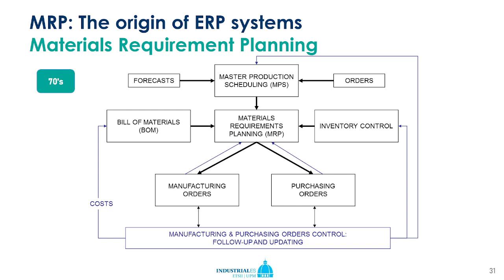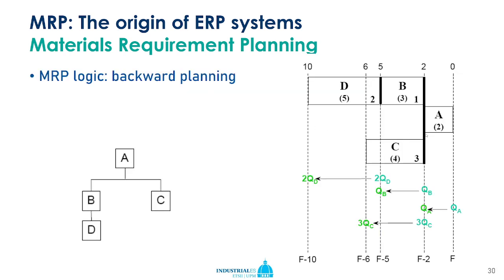Something that was not taken into account within these systems is the fact that when we are doing this backward planning, we are not taking into account whether we have enough capacity for producing these items in the times we require them.